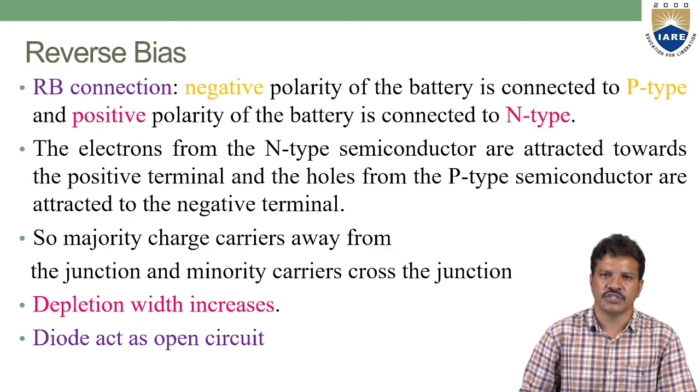Coming to the p-n junction diode in reverse bias: a p-n junction diode is said to be reverse biased whenever the negative terminal of the battery is connected to the p-type and the positive terminal of the battery is connected to the n-type.